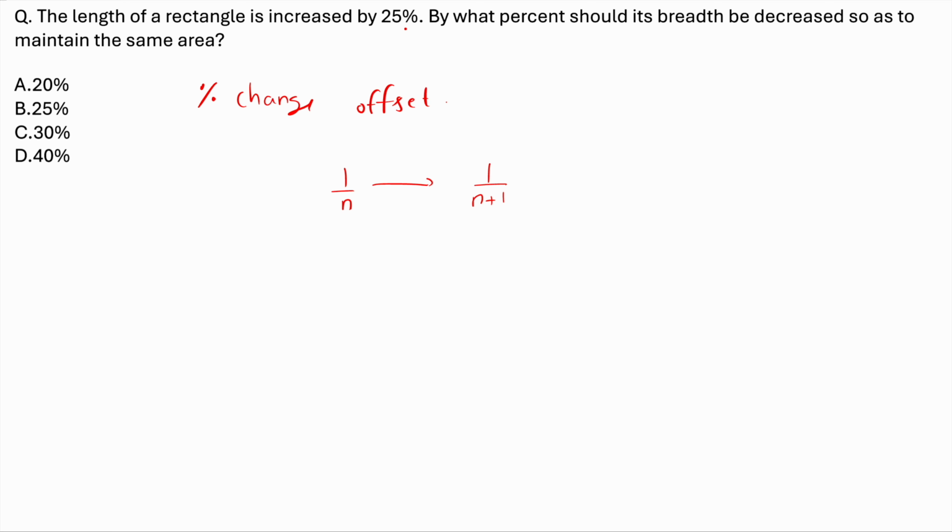Okay, so if the length of the rectangle is increased by 25%, now 25% is 1 by 4. So if the length is increased by 1 by 4, then the breadth should be decreased by 1 upon 4 plus 1, that is 1 by 5. Whoa, 1 by 5 in percentage is 20%. We instantly get the answer as option A, 20%. Okay, remember this concept of percentage change.